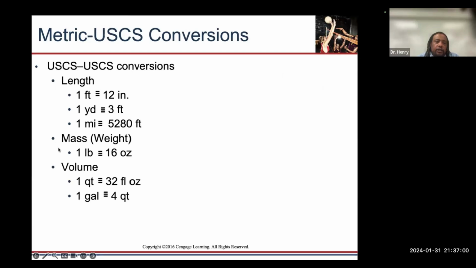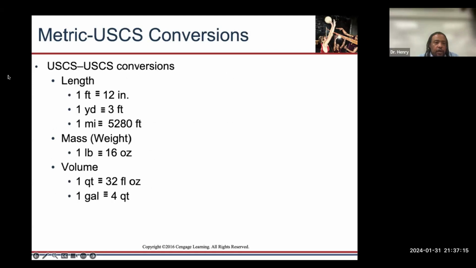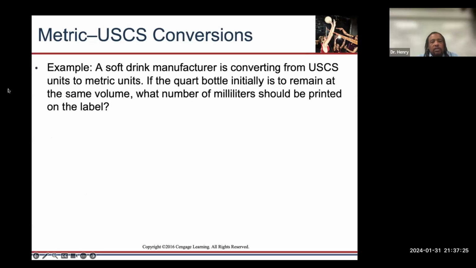Okay, so we know that for volume, 1 gallon is going to be approximately 3.785. And then we know that 1 gallon is going to be equal to 4 quarts. So let's go ahead and use that then.